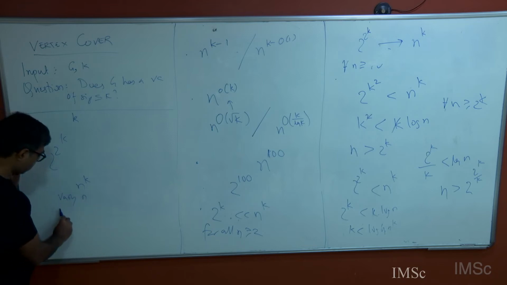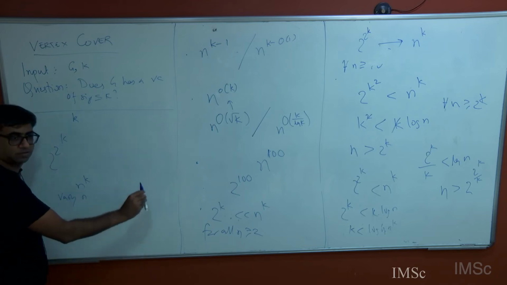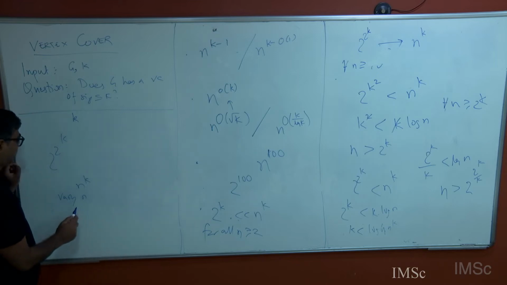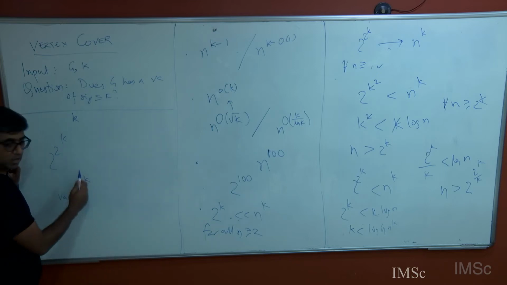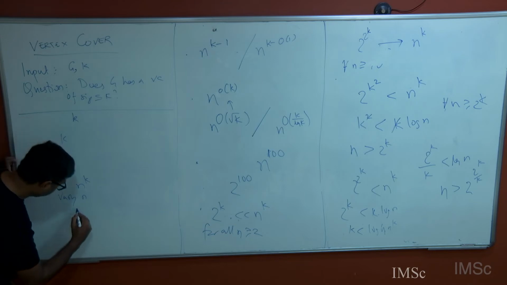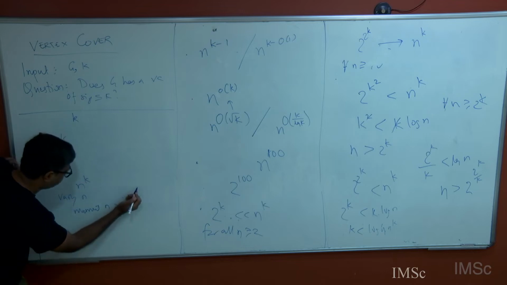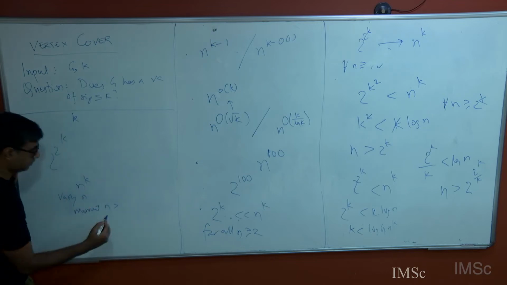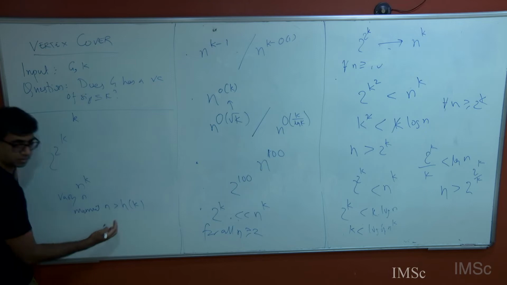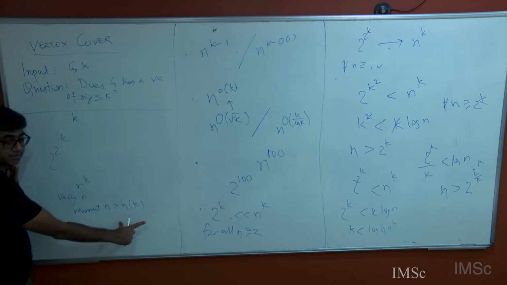If n is small, then this number is smaller. But there exists a moment when n becomes greater than some function of k, there you will always be able to find some function of k.